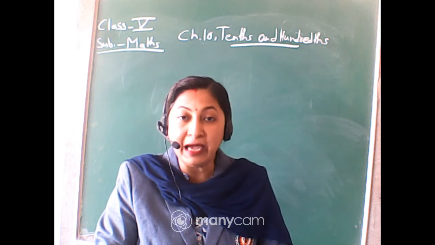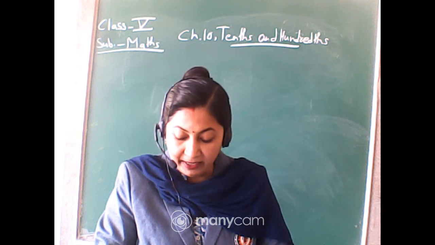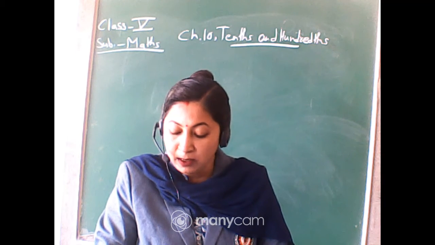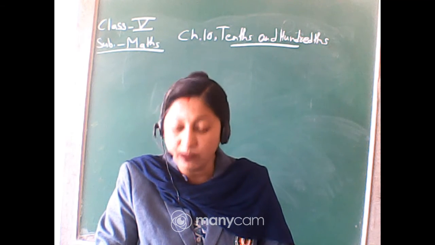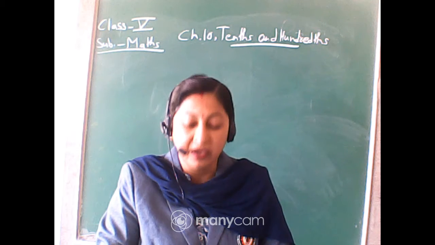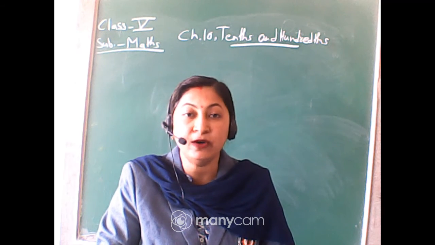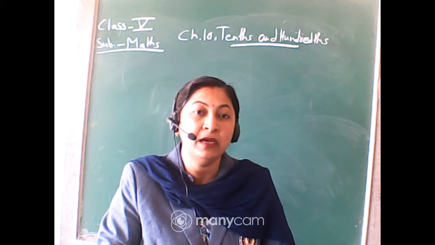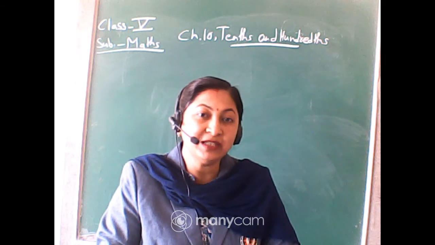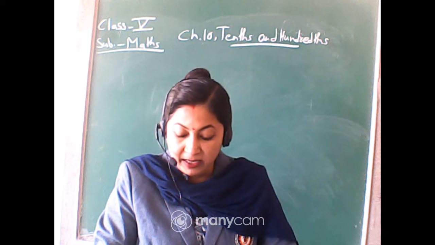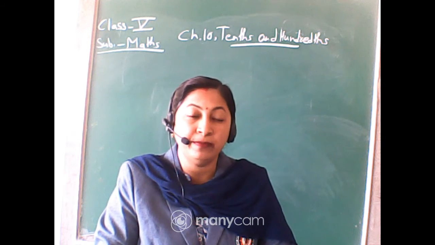And question number A, we have already completed. It was that the money of which country will cost the most in Indian rupees. That means in the Indian system whose currency is maximum, and it was England. I think you have written in the copy.